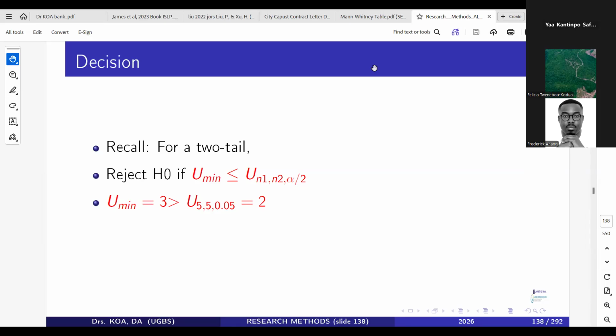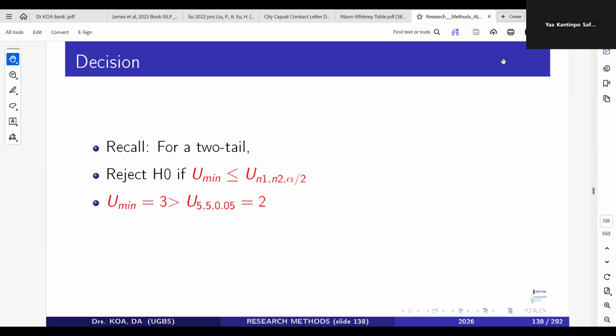Okay. Please, you are not going to reject it. Why? Because the test statistic is higher than the critical value. Okay, what does that mean? In terms of conclusion, what will be your conclusion? If you are not rejecting the null hypothesis, what would that mean?